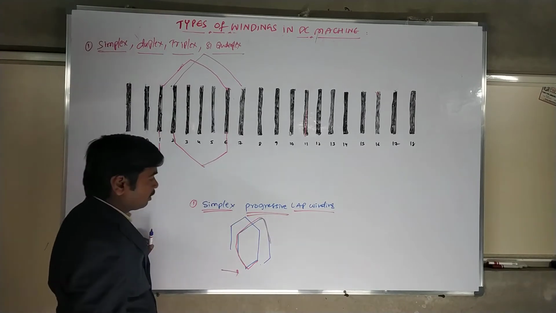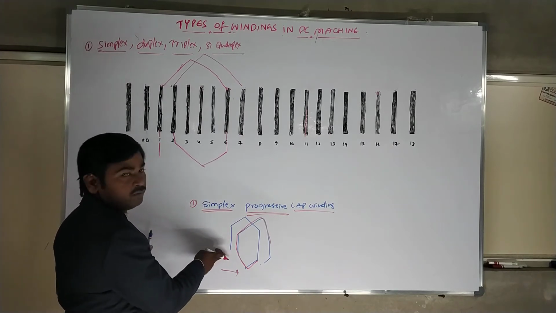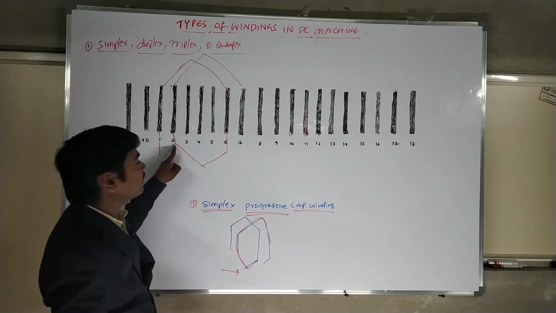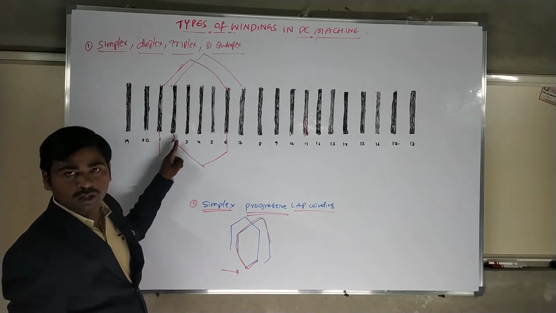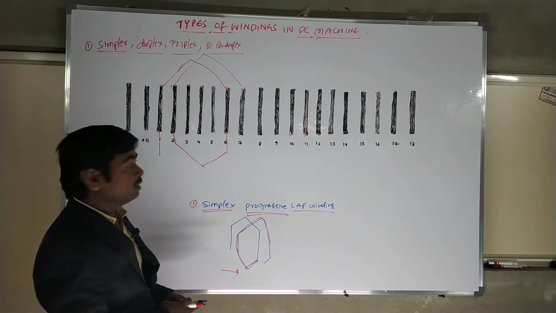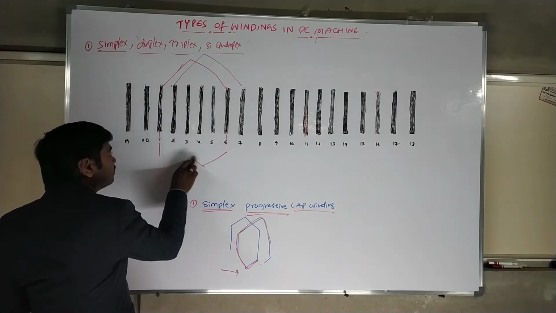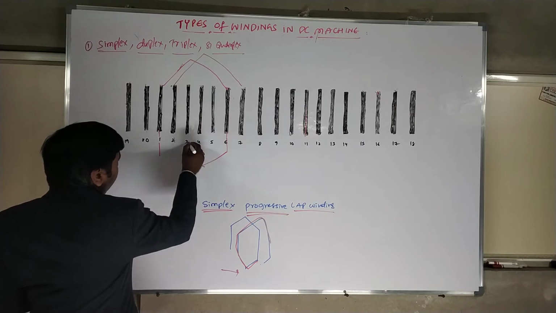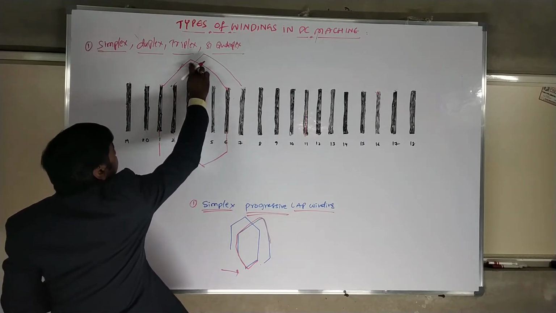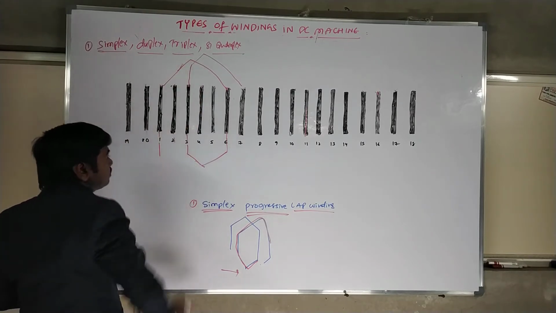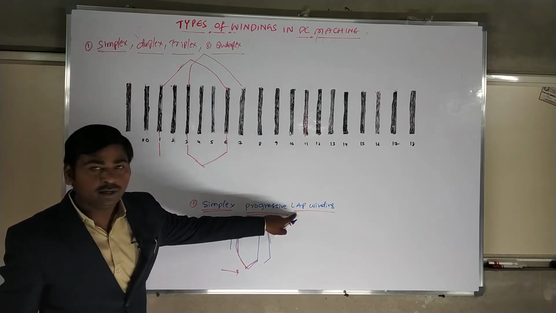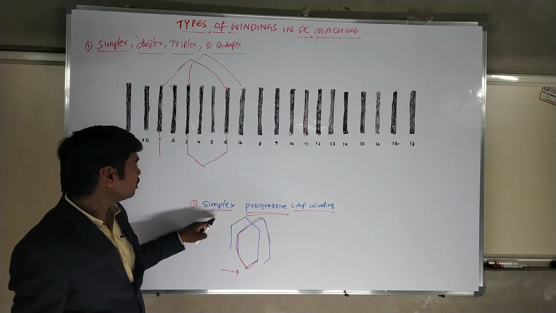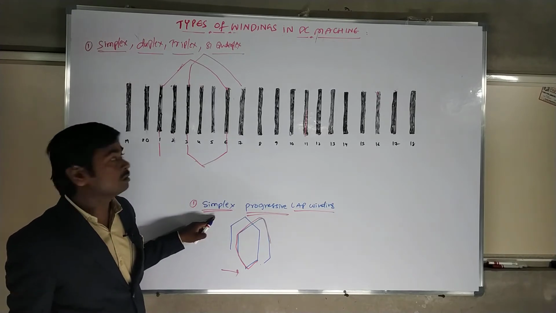It's very clear. After this, a simplex progressive winding means you connect after the first, and after that the next. That is simplex winding. If you connect in some other way, for example like this, it is lap winding and progressive winding, going in a positive fashion, but it's not a simplex winding, it's another winding.